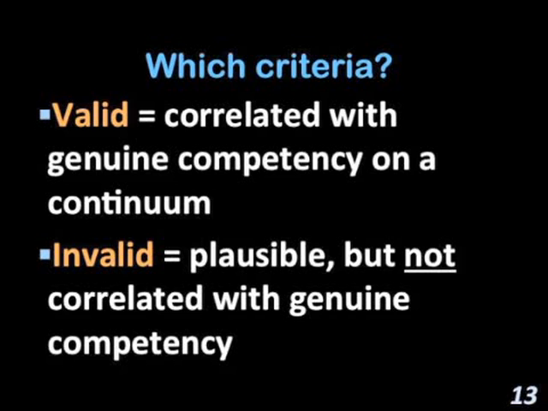Invalid criteria may sound plausible or concrete, but are not correlated with genuine competency. Let's take one of our competencies to make this abstraction a little bit more concrete. Let's think about the criteria for assessing performance in the competency of communication.